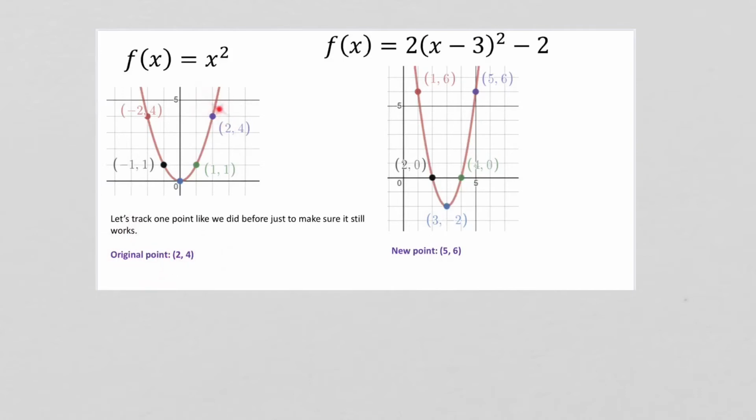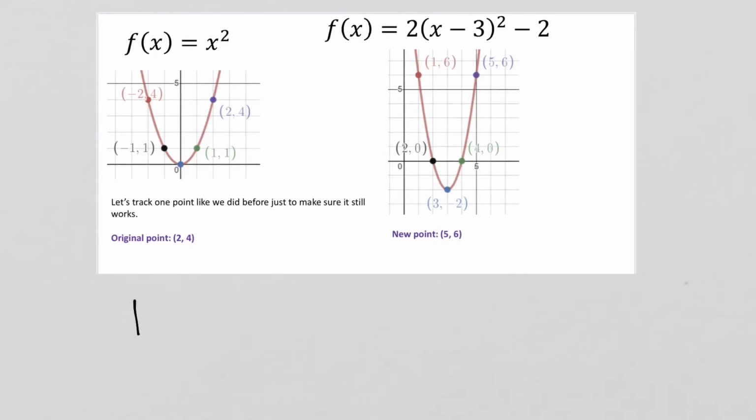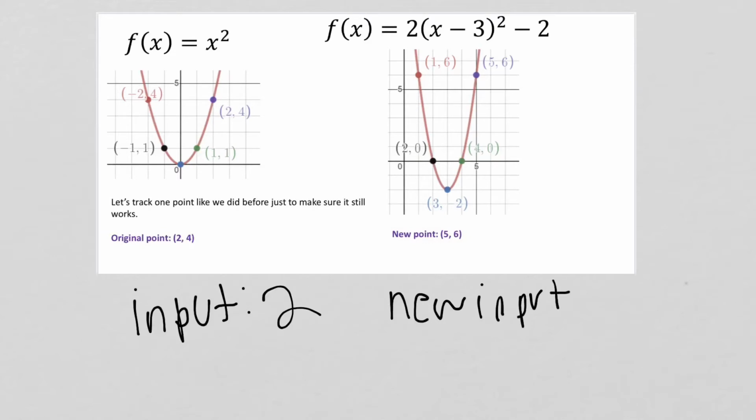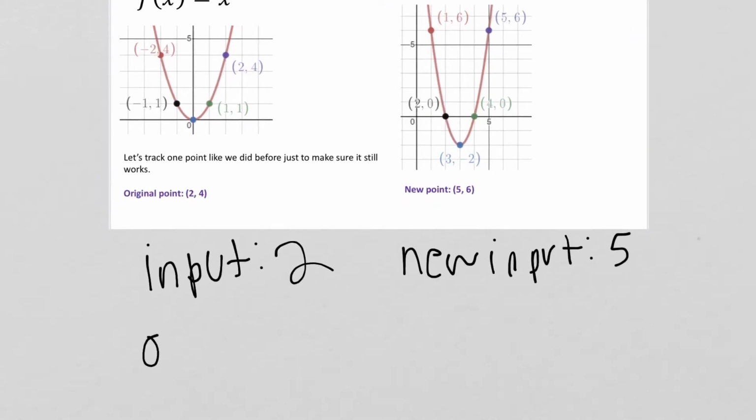So if I know I have a point at (2, 4), and I have the transformation, where is that point going when it gets transformed? Well, we know that the input was 2, and then what happened to our inputs? Well, we shifted the graph 3 horizontally to the right, so we're actually going to add 3 to our input. So our new input is going to be 5. And then what happens to the output, which was 4 in the original graph?